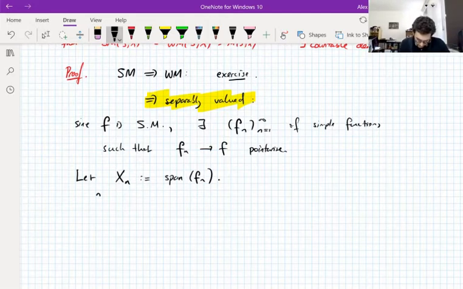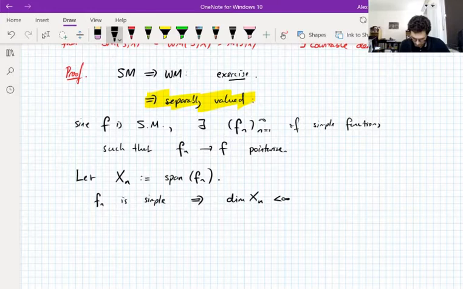Since fn is simple, we have that xn is finite dimensional. fn just comes from a finite sequence of vectors. Remember that the range of fn is contained in the span of these vectors x1 up to xn used in the definition of the simple function. So its range has a finite dimensional span. And let me write that properly. I don't want span fn, I want span of the range of fn.